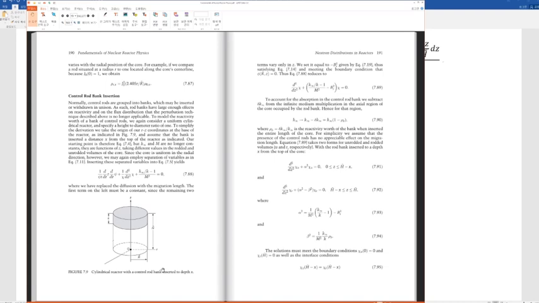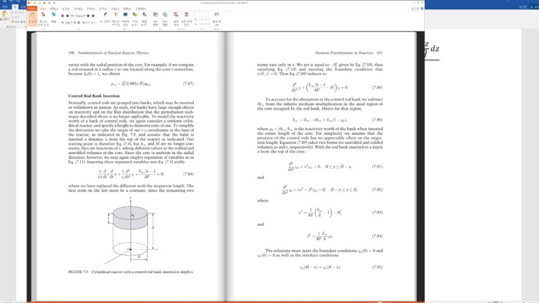And one assumption that we make to solve this problem is that control rods are uniformly distributed over the cross-sectional area of the reactor.